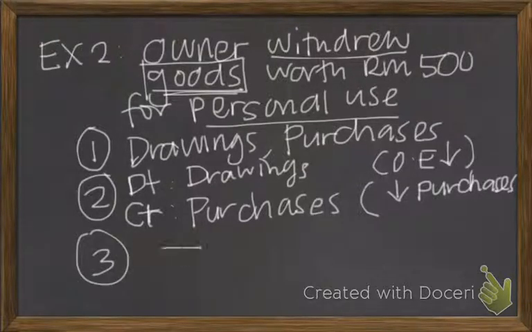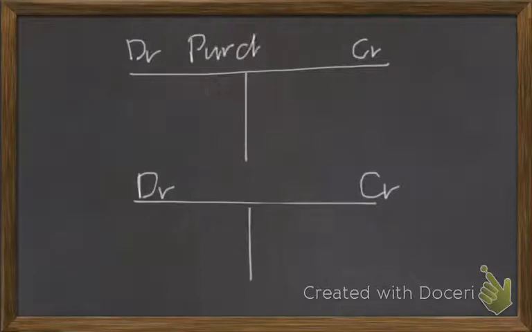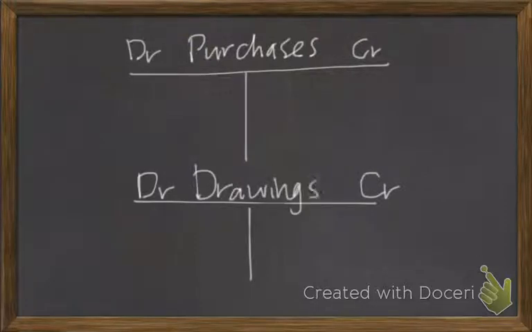Now we record in the T account. So this is simple to record. Follow the same procedure of double entry, so we have a purchases account and we have a drawings account.